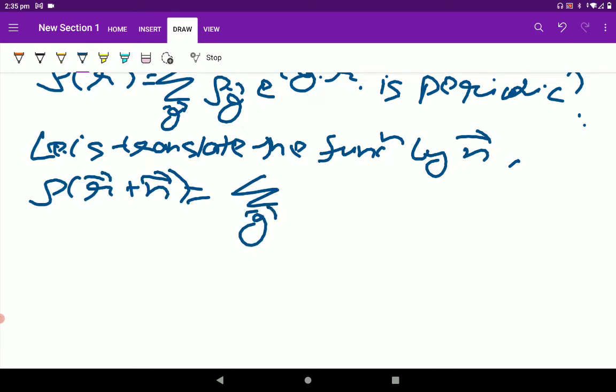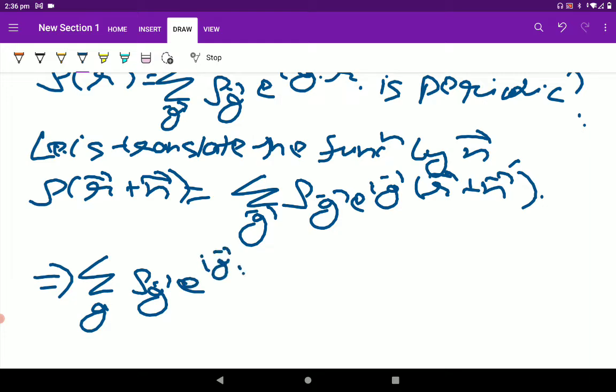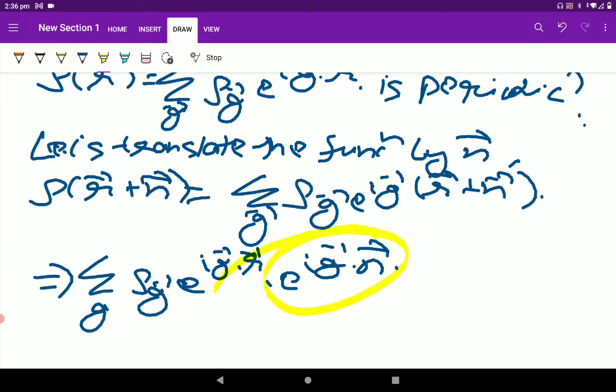So we can write it as this, or we can further solve it and write it as this. So if this is periodic, then e to the i G dot n must be equal to 1.